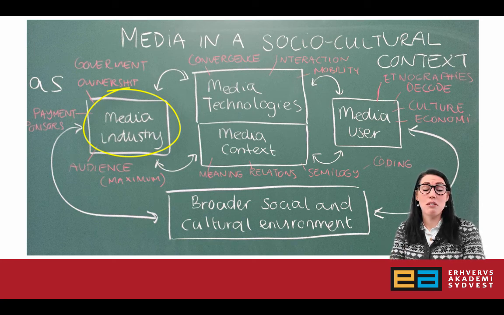For instance, if we have China, some places in China, or most of China, you can't have Facebook because the government in China doesn't want the people to know too much about what is happening around the world. It can be the audience, it can be people who are paying for the media, sponsors and so on.